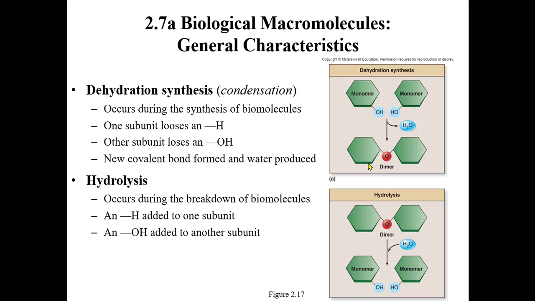That process is called dehydration, and some people call it synthesis. So on a test, some people will call it dehydration, some people will call it synthesis. What we're doing is removing water. So by removing water, we form a dimer.